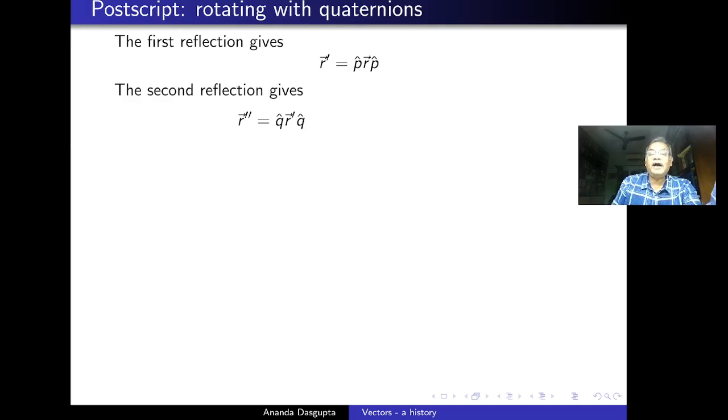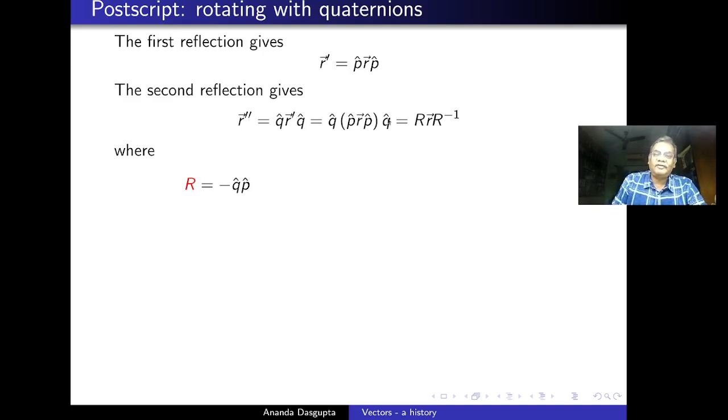But r prime is prp, so it's q, prp within bracket, then q. So qprpq, which we can write as capital R r capital R inverse, where capital R is simply minus qp.